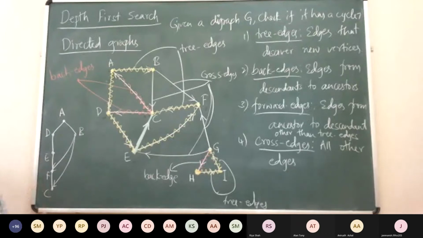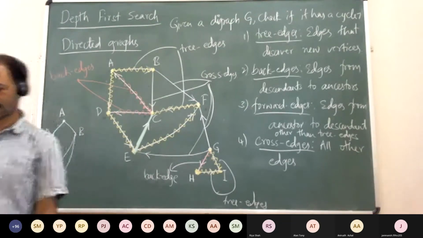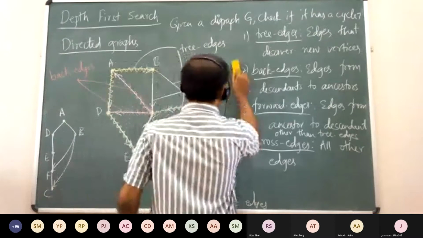If there is no back edge, then you say no, there is no directed cycle. So how do we prove this? There are again two directions. Suppose there exists a back edge. Can you say that there exists a directed cycle? So let me just rub this.